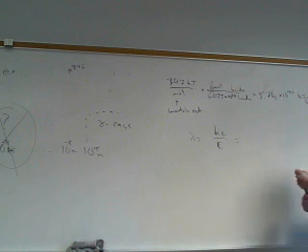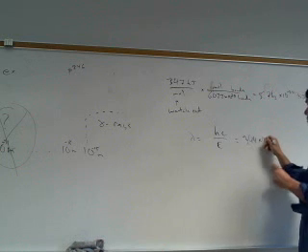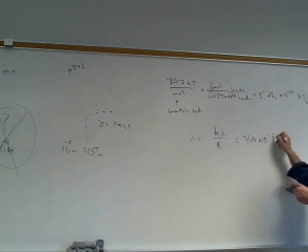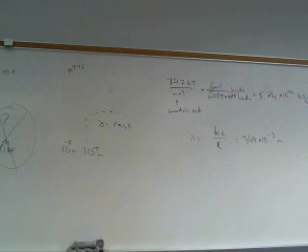And I get 3.44 times 10 to the minus 7 meters. What kind of light is that?